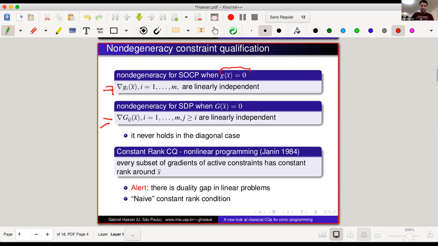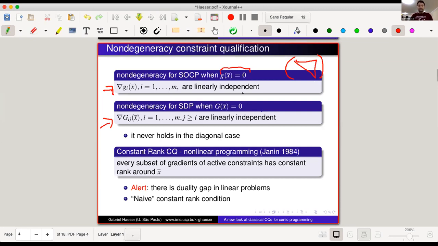And also for SDP, it's the same: the gradient of the components. Remember that the constraint G is a symmetric matrix, so we consider only the upper half part of the matrix, and we ask that all these gradients must be linearly independent. So this is the very standard formulation of LICQ for these conic constraints.